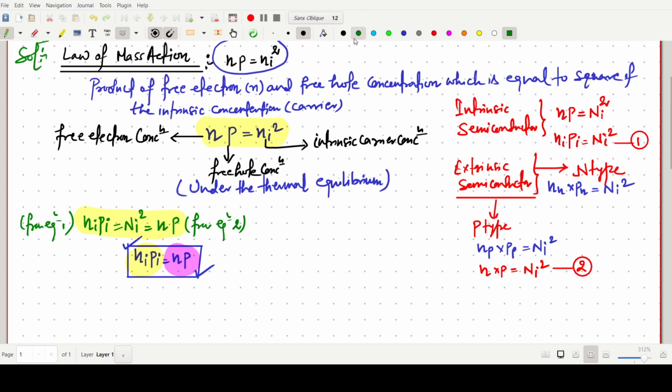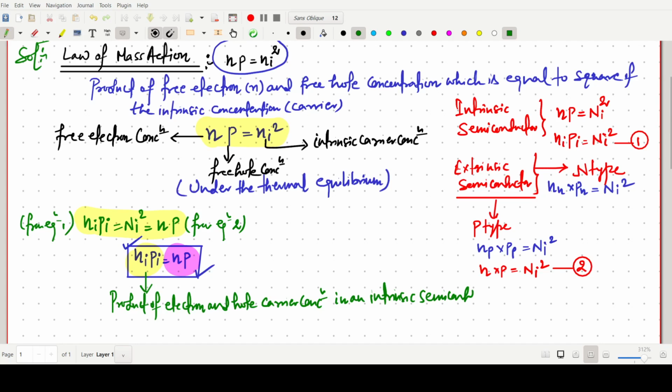This NiPi is simply the product of electron and hole carrier concentration in an intrinsic semiconductor, and this Np is the product of electron and hole concentration in a p-type material.